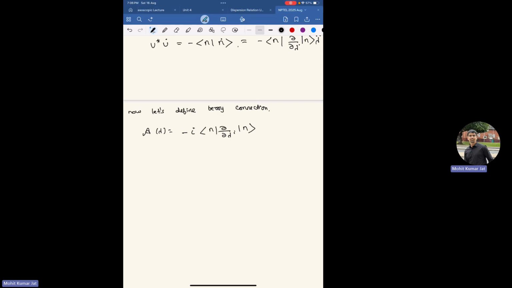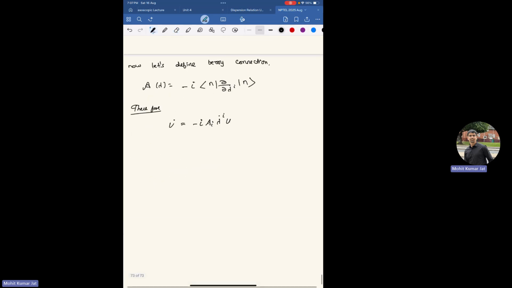Therefore u dot will read as minus i A_i lambda_i dot times u. But you can easily solve it.